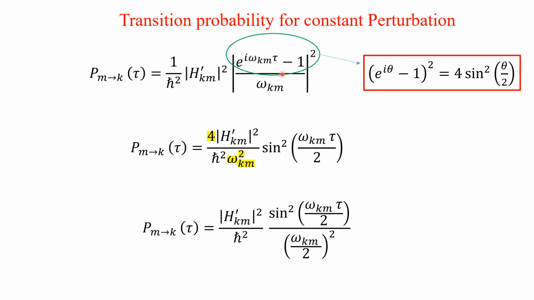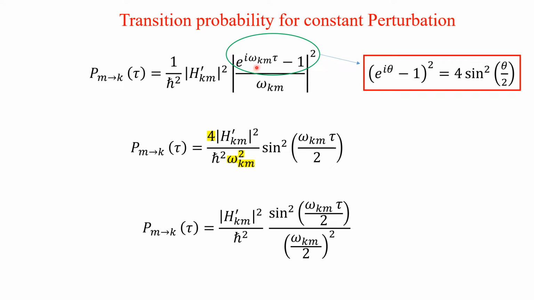So you replace that here. Remember that this square is common for numerator and denominator. So I am taking this 4 outside because it's a constant, 4 |H'_km| modulus square divided by ħ squared, ω_km squared, of course with sine squared θ by 2. Here theta is ω_km tau.